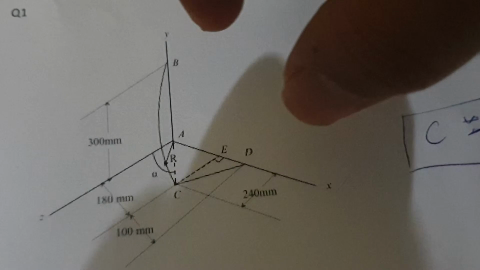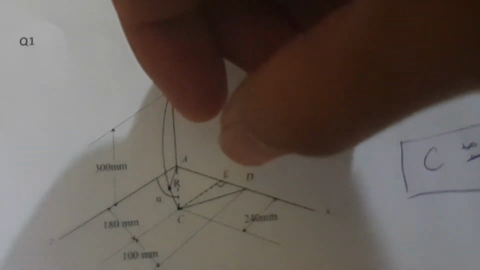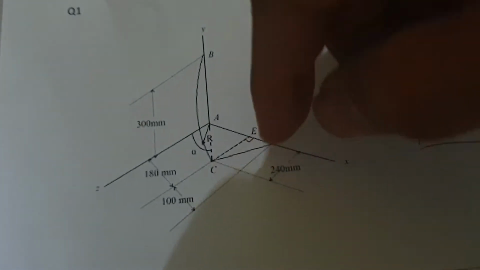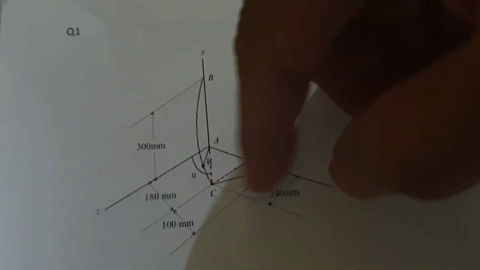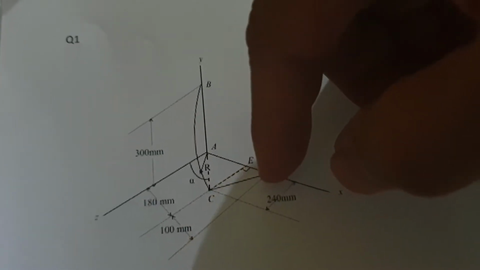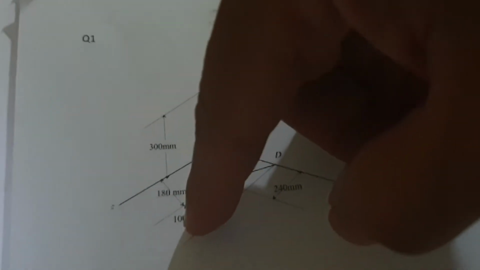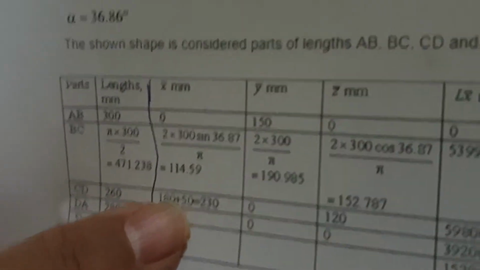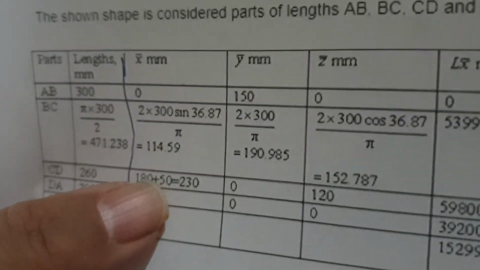X bar, you can see it is 180 plus half of this, the center of this, because CD is in the x-axis. Half of this is 100 over 2, 50. So it's 180 plus 50, equal to 230.